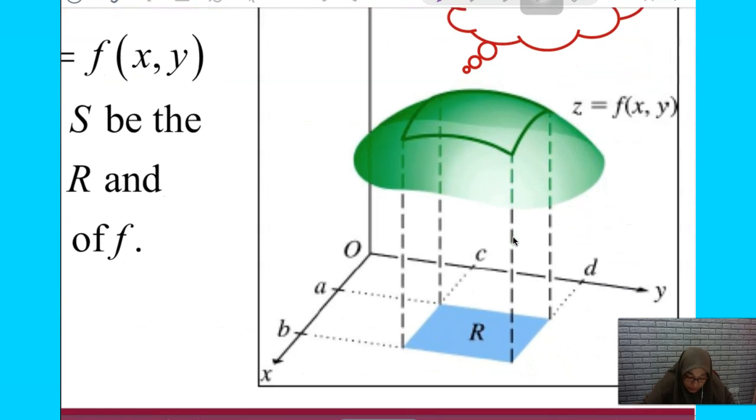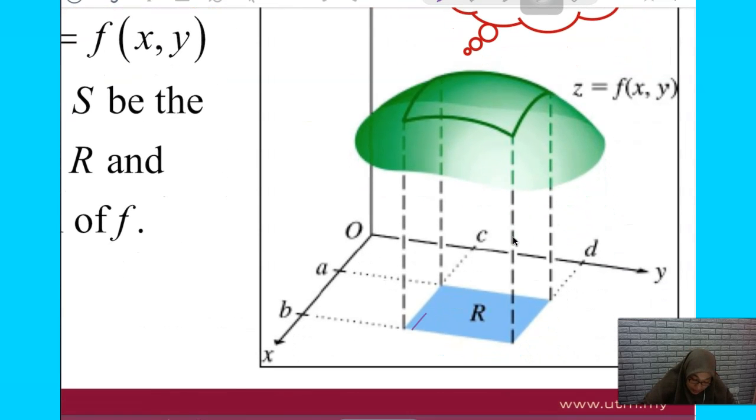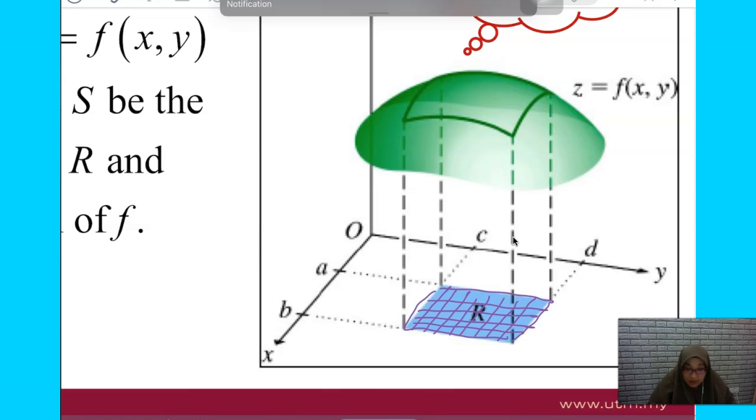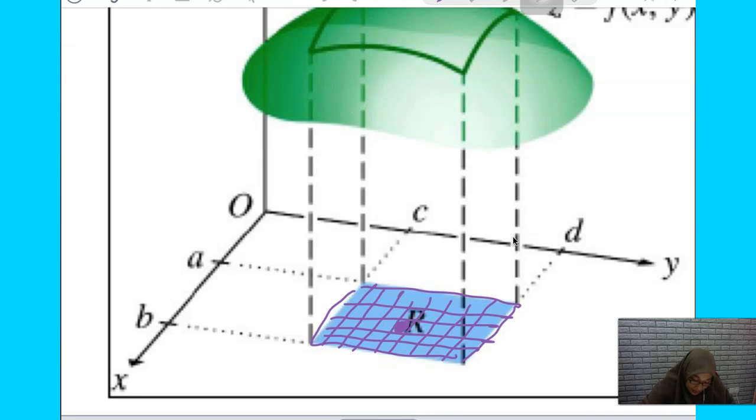We split the region here into very small rectangles. This is the original one. We just pick one very small square there, and when you resketch, you will get something like a cuboid.